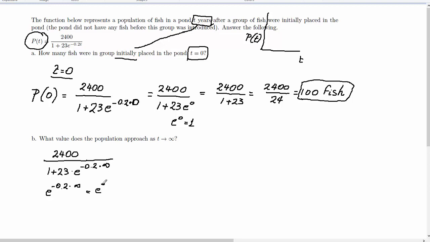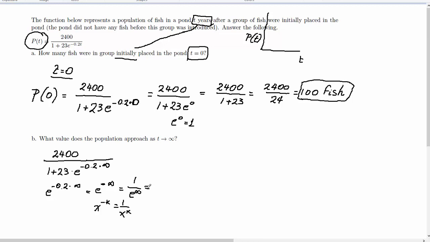So right here I have a huge number, but with a negative sign in front of it. Okay, using the rule of exponents, x to the negative k is nothing else than 1 over x to the k. I can bring the e to the denominator, and I have now 1 over e to the infinity.